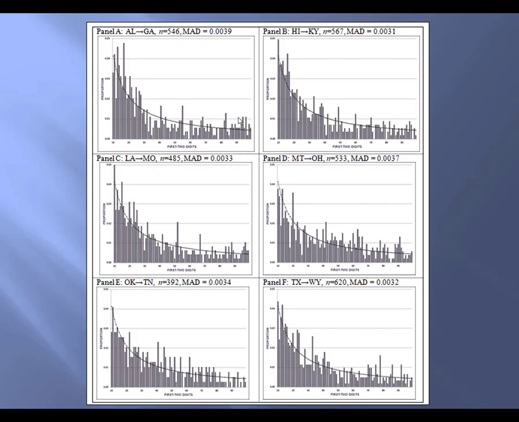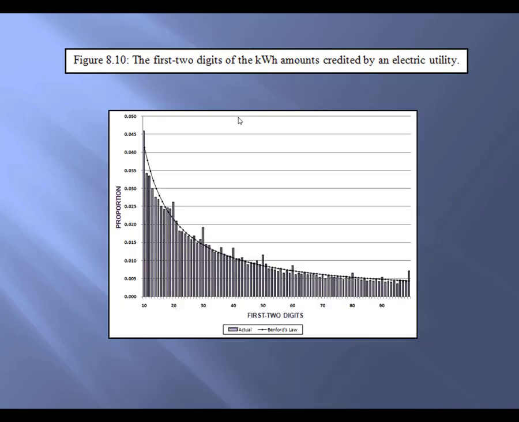When I break them up into groups of 500, the mean absolute deviation rockets to not 0014, but I can see the smallest number here is 0032, and the largest is 0039. Simply by taking a smaller group, I get a larger mean absolute deviation, even though the underlying process is something that should give me Benford's law.